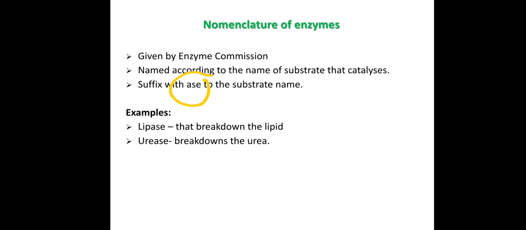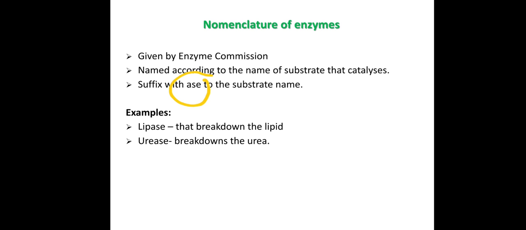And then the International Union of Biochemistry, also called IUB, appointed a commission in 1961. The name of the commission was Enzyme Commission. The work of this commission was to prepare a scientific way of naming enzymes.